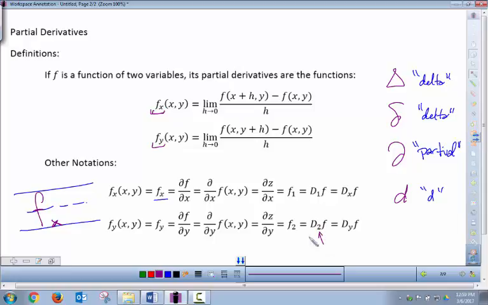Now, there are cases where we have a function of 5 variables, and anything past 3, we got x, y, z, and then we kind of run out of letters at the end of the alphabet.